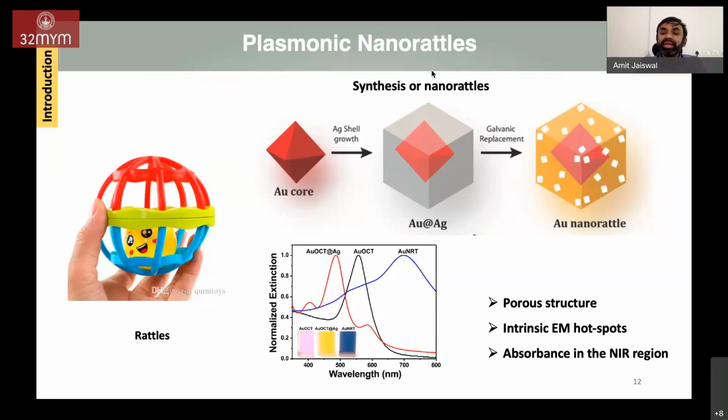Then, following a galvanic replacement reaction, if we add gold salt to these nanostructures, due to the difference in the reduction potential of the two metals, Ag and Au, it forms a porous thin shell around the solid gold core structure.